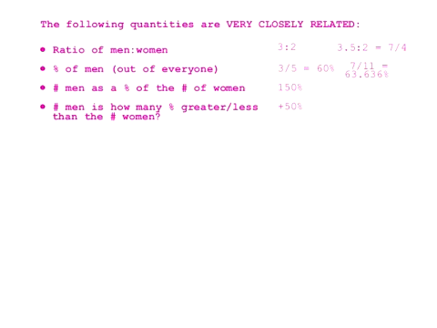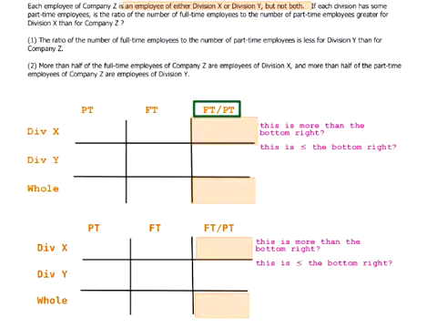The number of men as a percentage of the number of women is 7 to 4, so 175%. This is going to be a 75% increase. The point is that all of these increase, and all of them will increase together, or they will all decrease together.